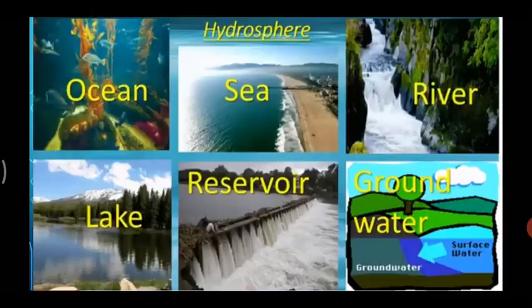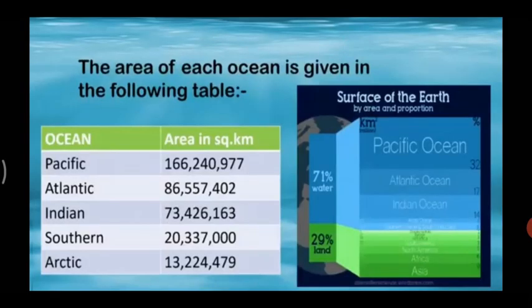Let us move forward. Now, the area of each ocean is given in the following table. The area in square kilometer of Pacific Ocean is 16 crore 62 lakh 40,977.